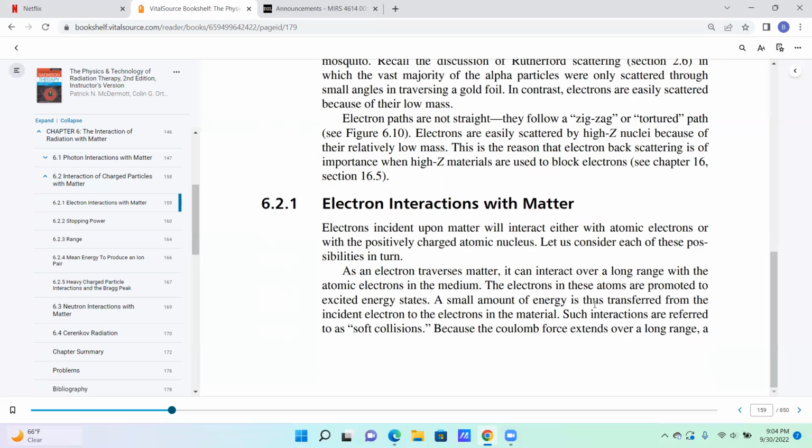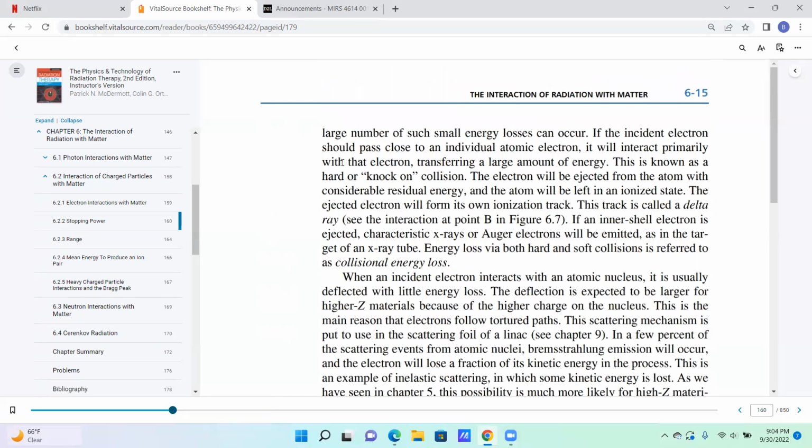A small amount of energy is transferred from the electron that's going through to the electrons that are already in the material. These are referred to as soft collisions because the electron really doesn't get that close and imparts a very small amount of energy. But the Coulomb force ranges over a large distance, so there are a lot of these that can occur that may not be very close, but since the Coulomb force can be felt for quite a distance, it doesn't take all that much for you to have a large number of interactions.